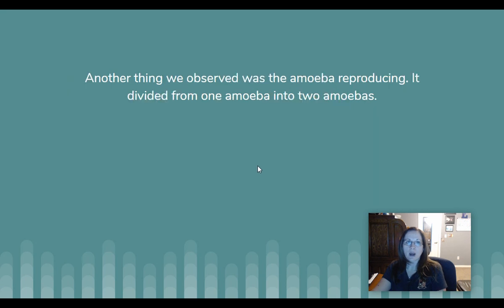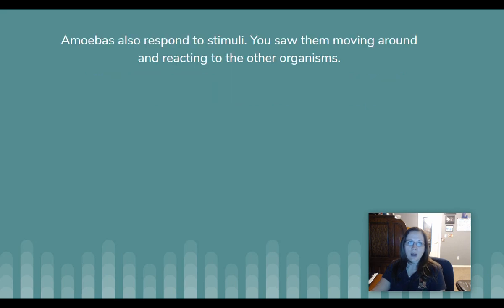Another thing we observed was the amoeba reproducing. It divided from one amoeba into two amoebas. So reproduction is also going to be a characteristic of all living things. Amoebas also respond to stimuli. You saw them moving around and reacting to the other organisms.